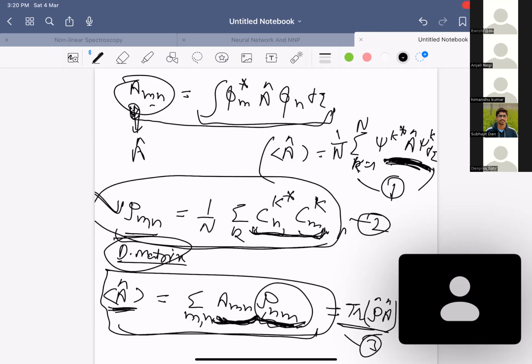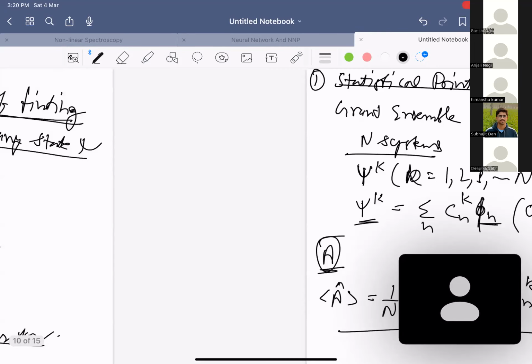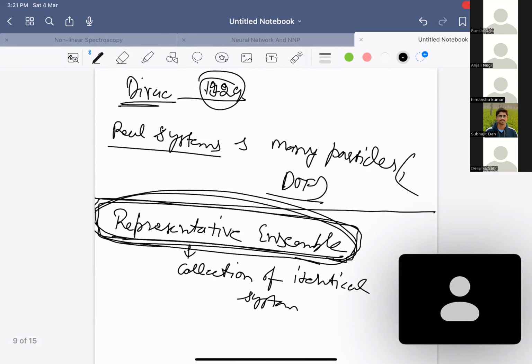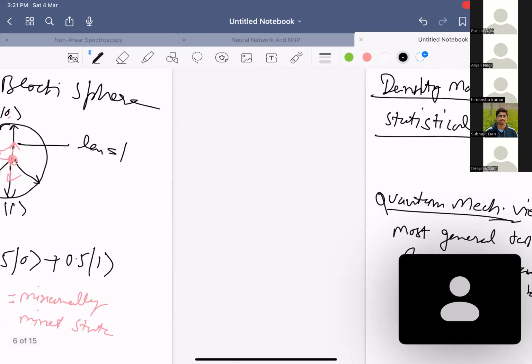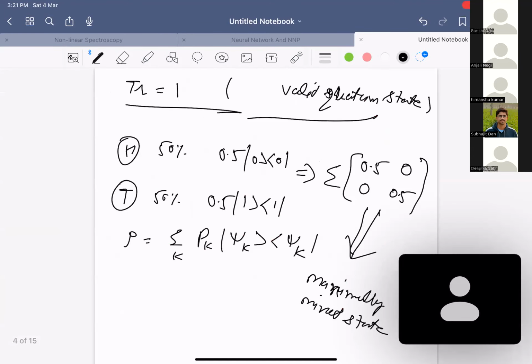Here, just see the basic definition. pk is the probability of finding it in the kth state. So this pk is actually that ck, or sorry, cn or cm. These are the coefficients. Coefficients means probabilities. Okay. Got it.